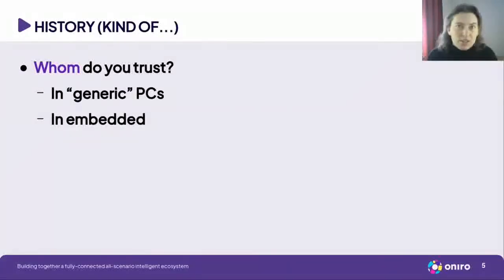To start with my explanation, we have to go back in time to look at the traditional platforms. I would like to show you that in trusted execution environments, the term trusted, and whom do you trust, is one of the most important questions to ask.